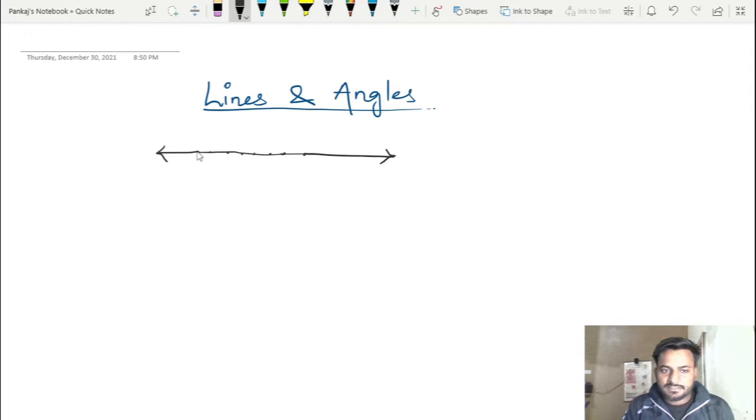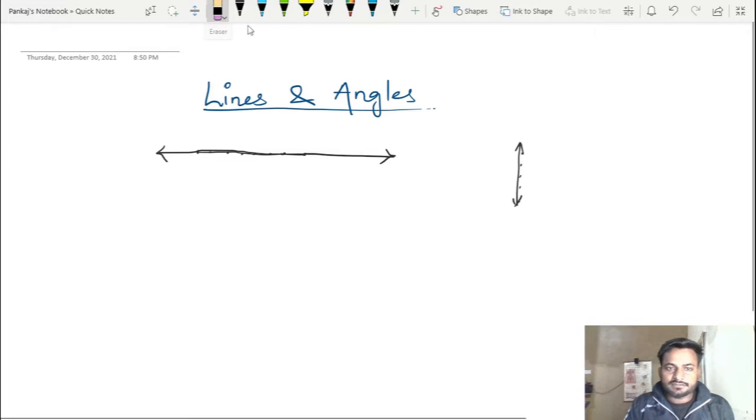Single dimension means, for example, these points are all situated in a horizontal orientation, or along the y-axis. These are all called lines.